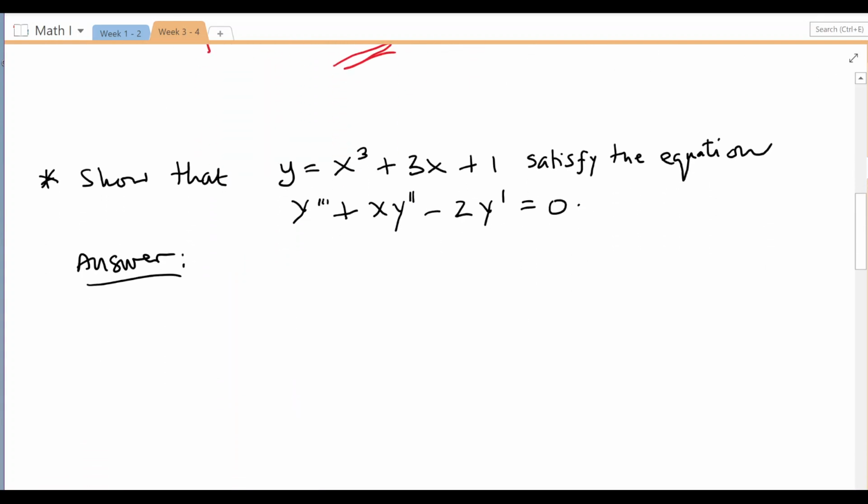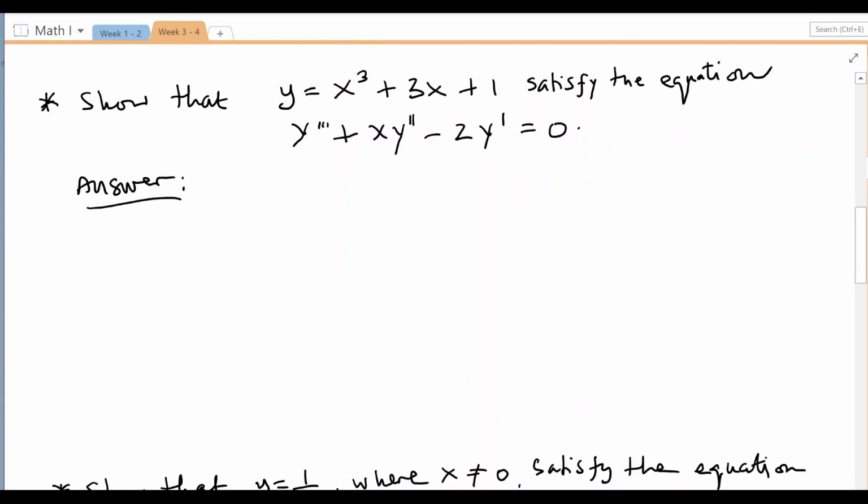Next, show that if y equals x cubed plus 3x plus 1, it satisfies the equation y triple prime plus x y double prime minus 2y single prime equals 0. So it's basically asking us to take the derivative until we get to the third, then the second, and then the first.